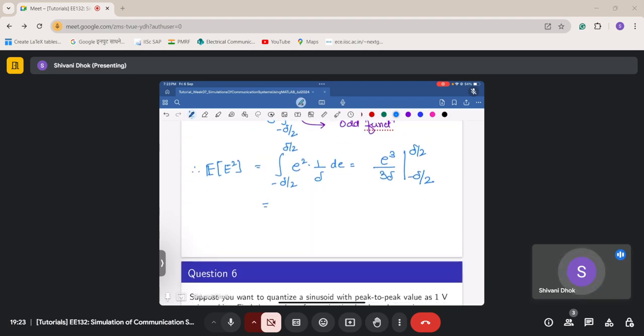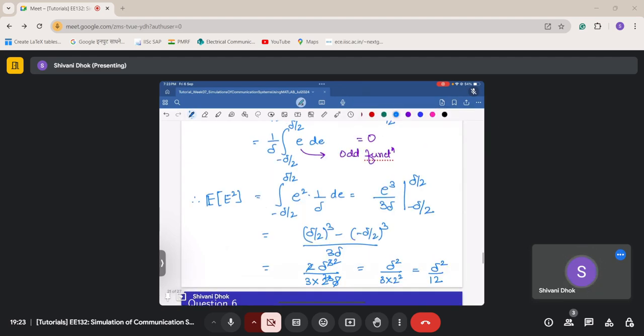If we do that, what we get is delta by 2 cube minus minus delta by 2 cube upon 3 delta. This comes out to be 2 times delta cube by 3 into 2 to the power 3, over delta. The 2 gets cancelled and one delta also gets cancelled. So we have delta square by 3 into 2 square, which is equal to delta square by 12. This is the second moment.